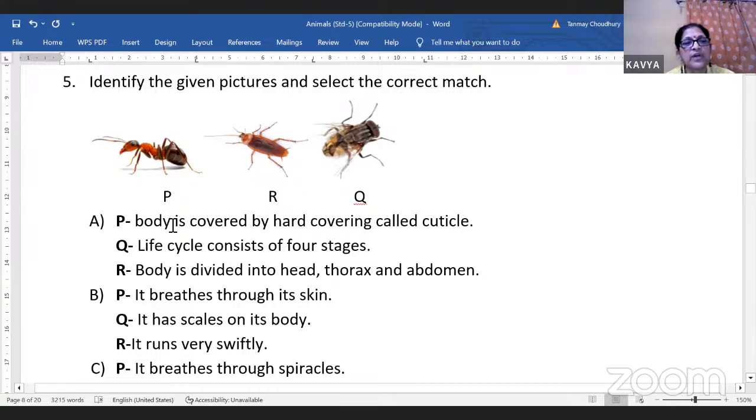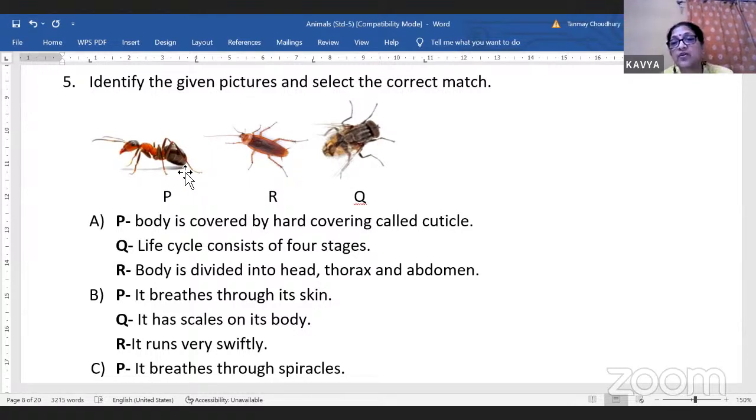P, body is covered with a hard covering called cuticle. All the insects, I told you, do not have an endoskeleton. They do not have bones inside their body. But there is something supporting the body, which is present outside the body. That is an exoskeleton.